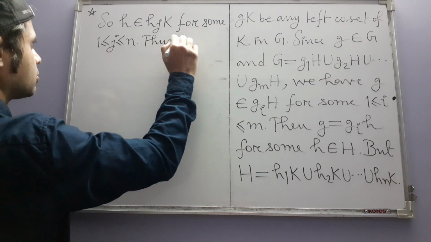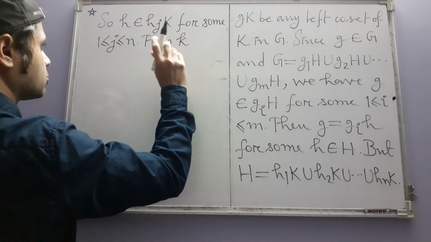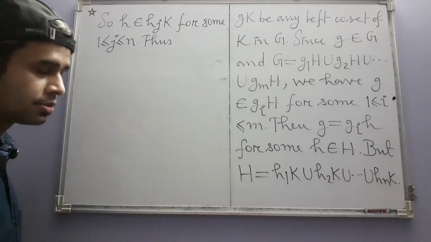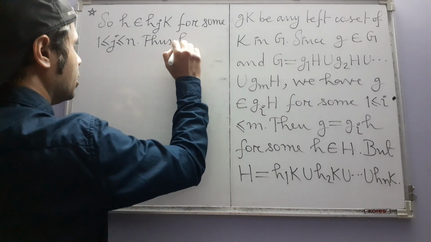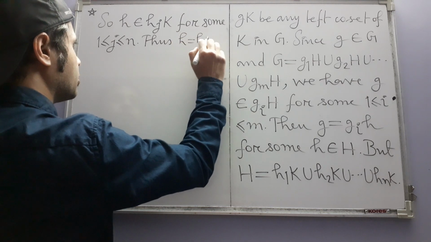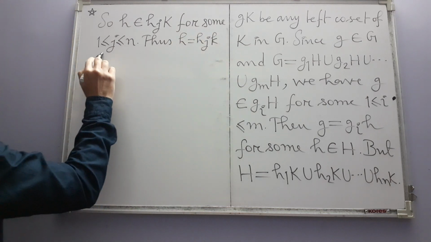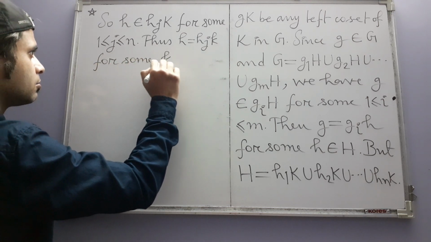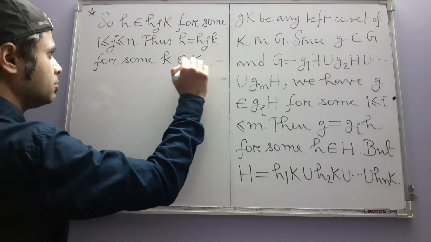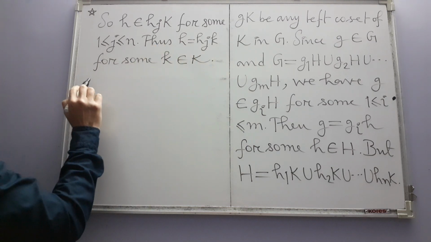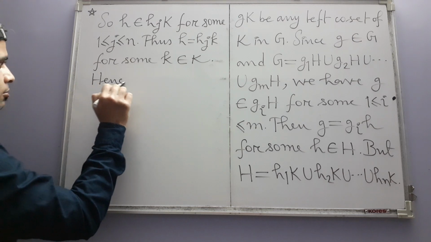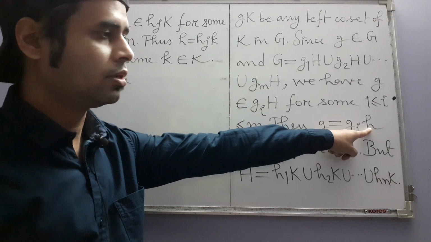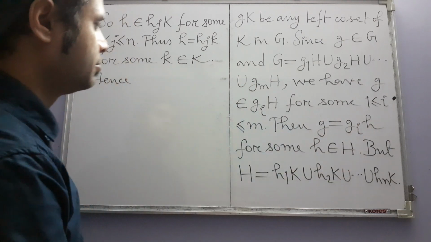Thus, h is equal to hj k for some k belonging to K. Hence, now if h is hj k, we can replace h here with hj k.